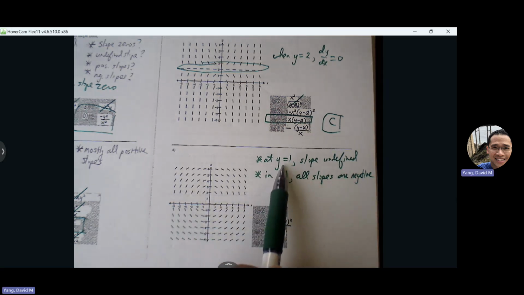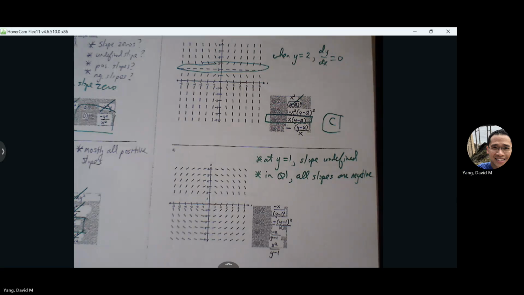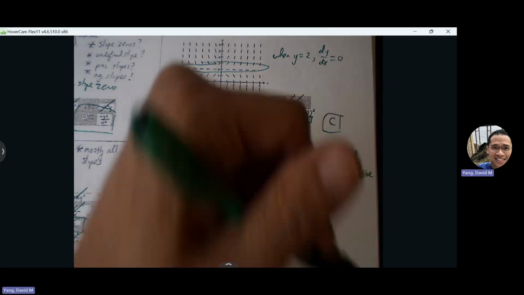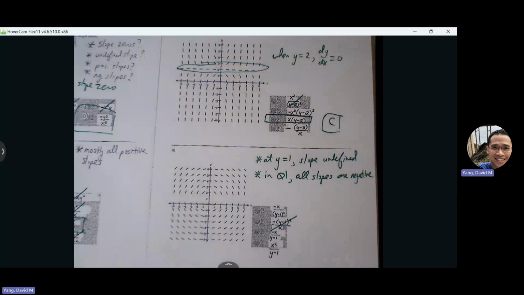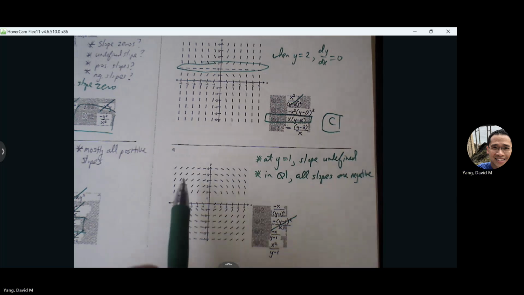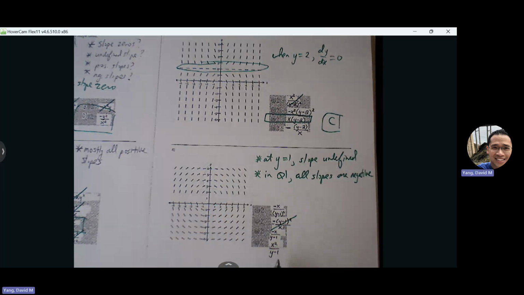That means if I plug 1 in for y, I should be getting undefined. That can help me eliminate answer choice B, because when I plug 1 in for y, I'm getting 0, not necessarily undefined. And then in quadrant 1, all slopes are negative, right? I think I can eliminate the last one because if I plugged in anything in the first quadrant, I'm largely getting positive values there.